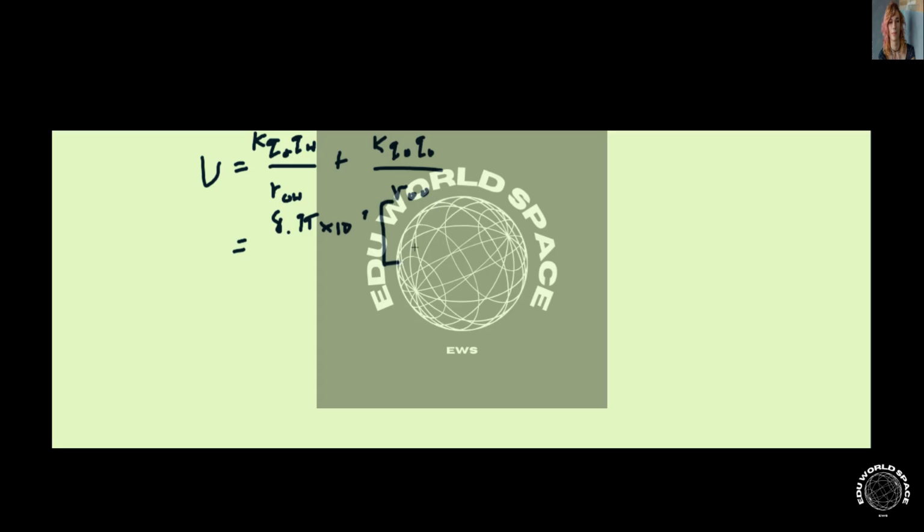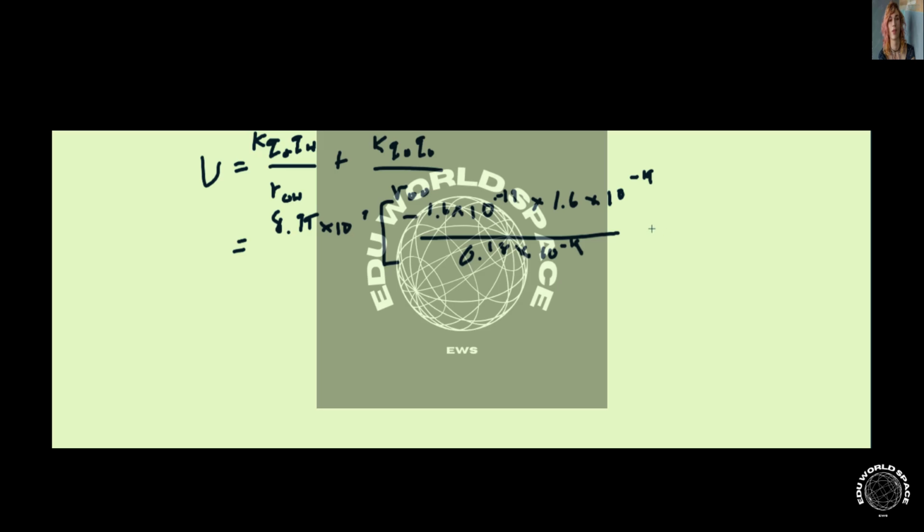So this is times negative 1.6 times 10 to the negative 19, sorry, this is actually not squared, but it's times positive 1.6 times 10 to the negative 19. And this is all over the radius of OH, which is equal to 0.18 times 10 to the negative 9.